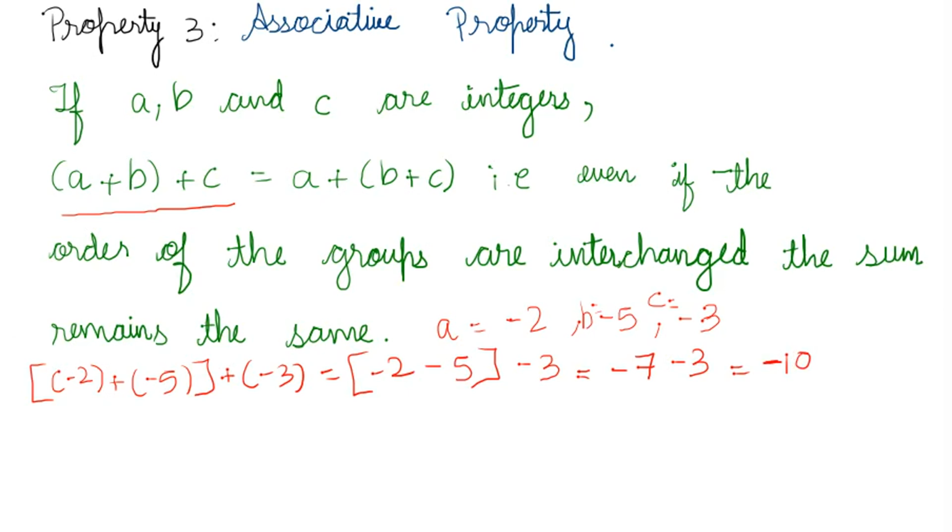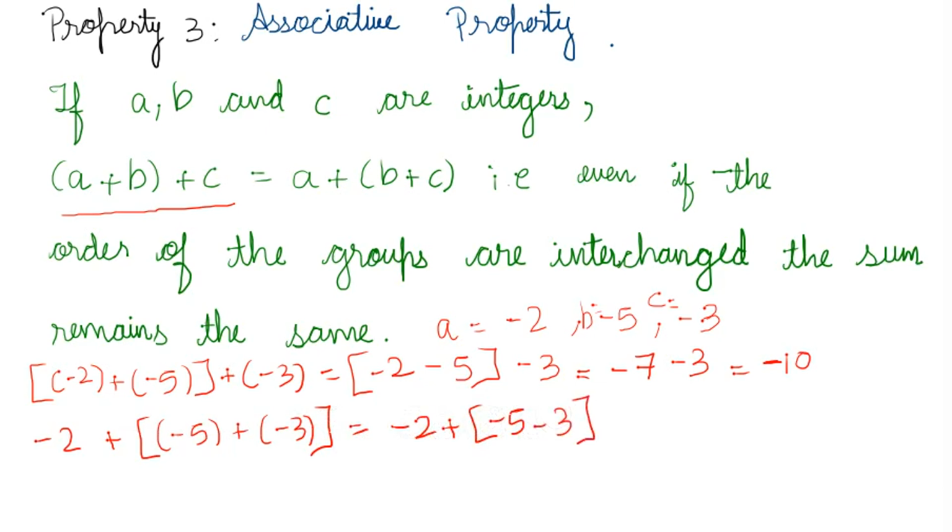Let us see if we solve for our RHS also, whether we get the same answer. Here we write it as minus 2 plus minus 5 plus minus 3. Again, minus 5 remains the same, but here plus into minus is minus, so you get minus 3. Then you have minus 2 plus, here you have like integers, both having the same sign, so when you add you get 8 and you put the sign in front, so it is minus 8.